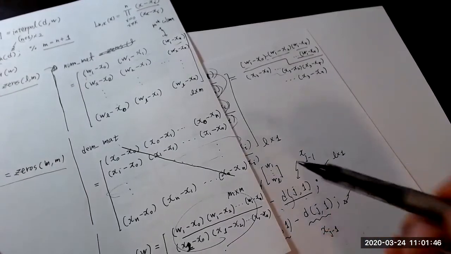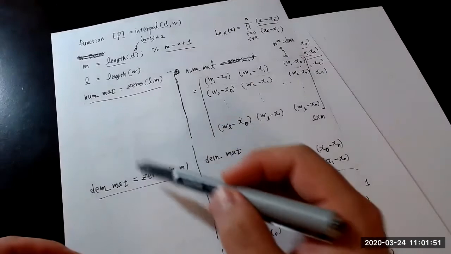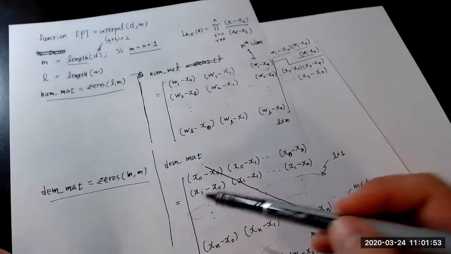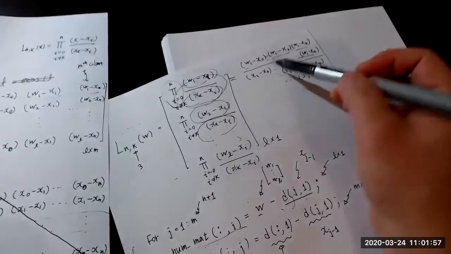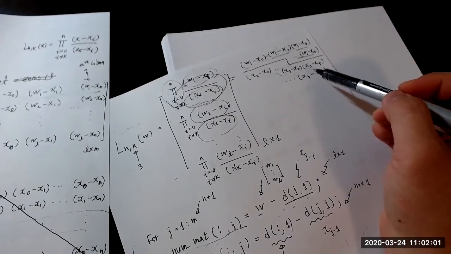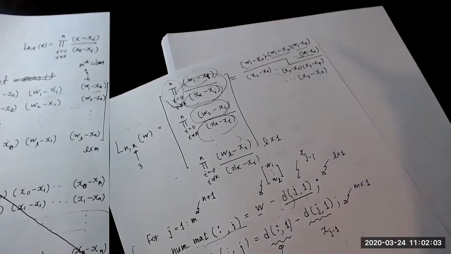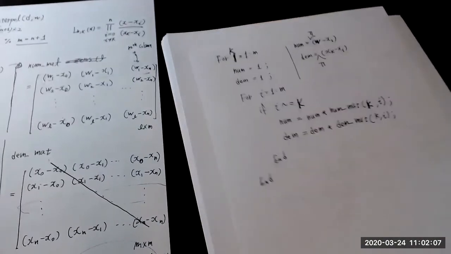Okay, so now you see why we constructed the num mat and den mat: the reason is to construct the fraction, I mean the Lagrange interpolating polynomial. Okay, so back to the code right there.